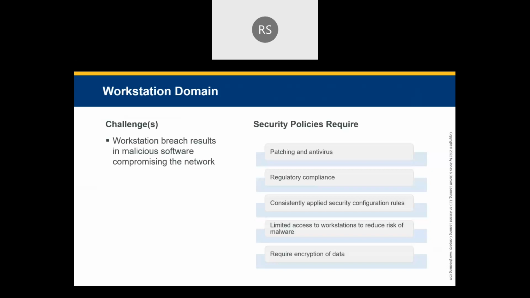And any sensitive data that's stored on the workstation should be encrypted to protect against unauthorized access in the event of a theft or loss. Encryption provides an additional layer of security and ensures that even if the data is compromised, it remains unreadable to unauthorized individuals.